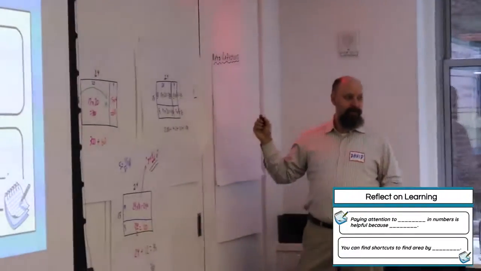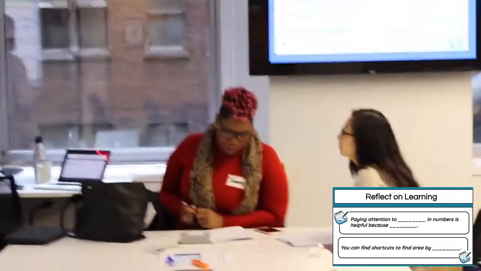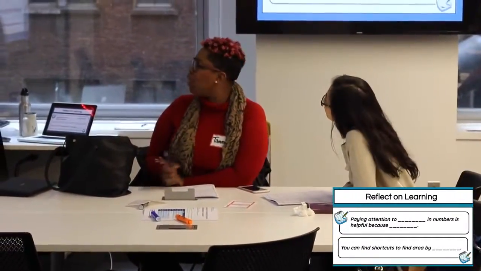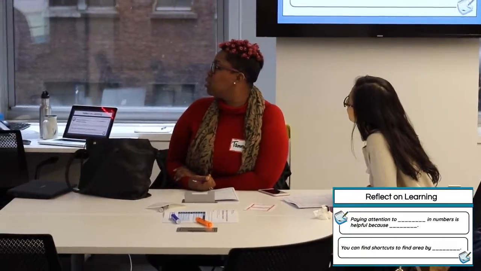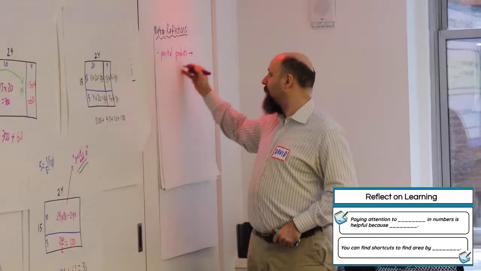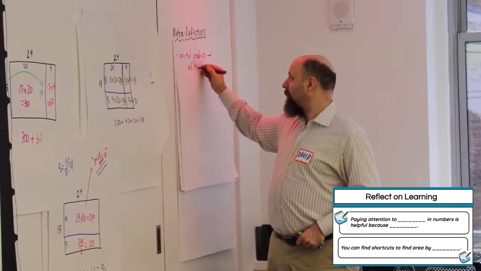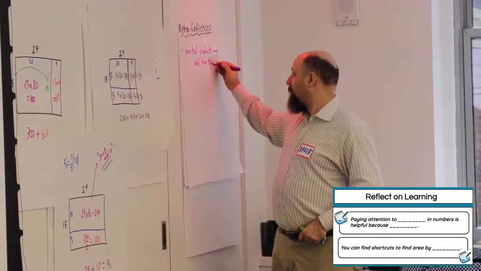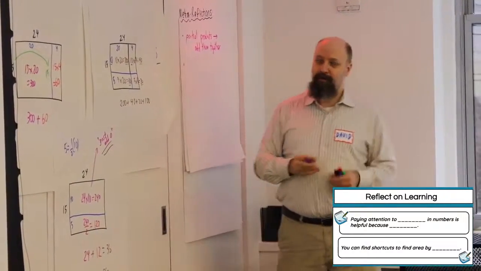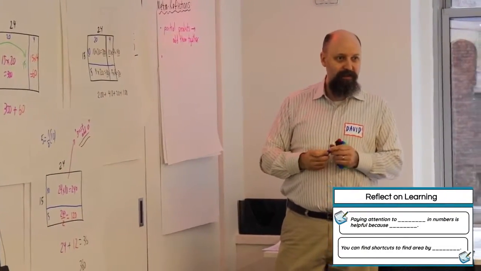Would you mind sharing your reflection first? Sure. You can find shortcuts to find area by using partial products and then adding all the products together. So find partial products, add them together. Where are some partial products that we use? Would you mind giving some examples?